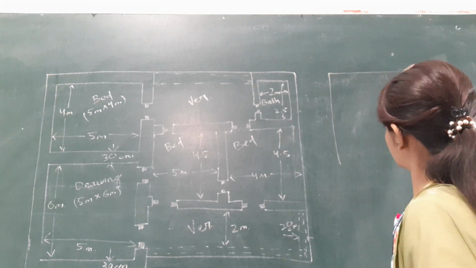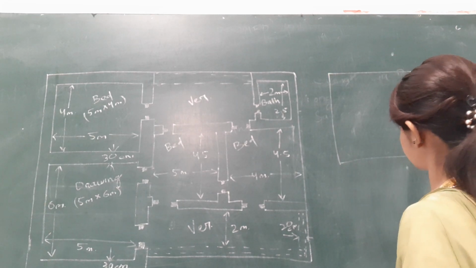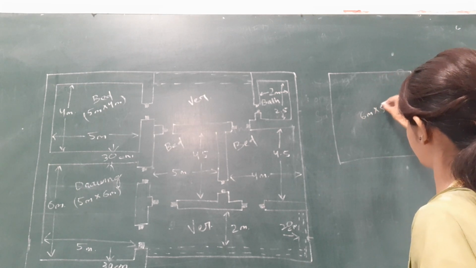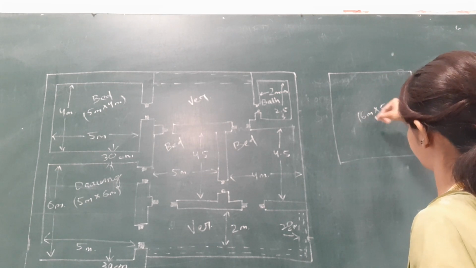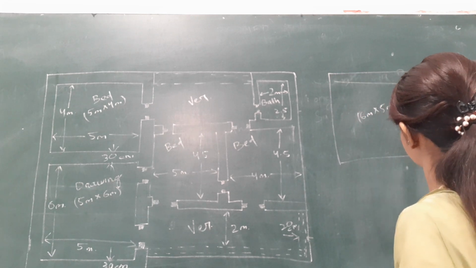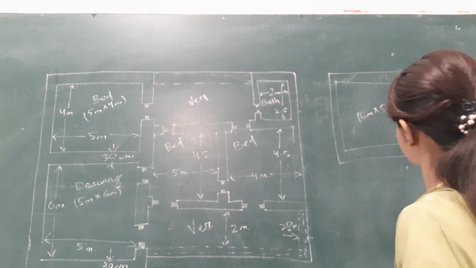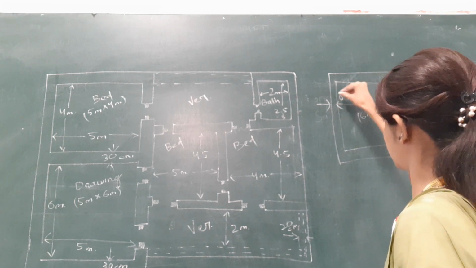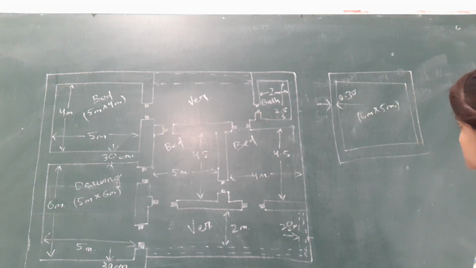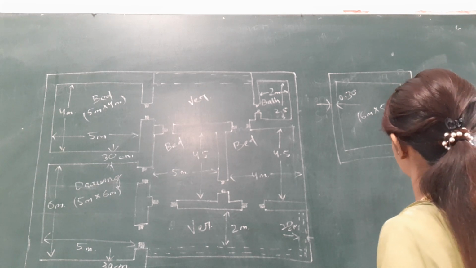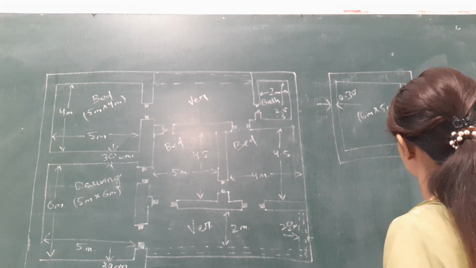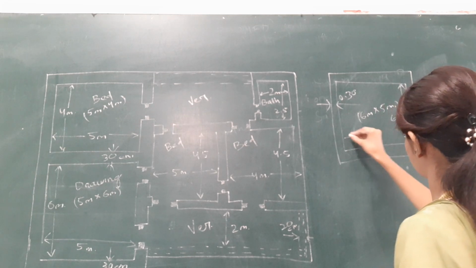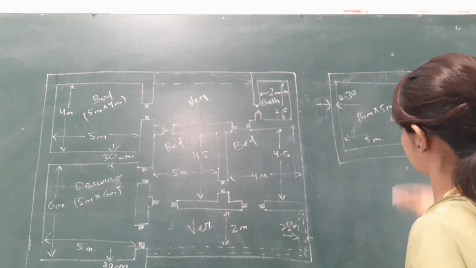Suppose it's a room of 6 meter into 5 meter, with a wall thickness of 0.30. So how can we calculate this? This is 6 meter and this is 5 meter.